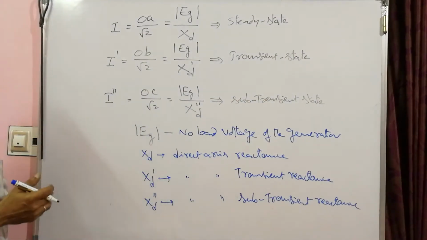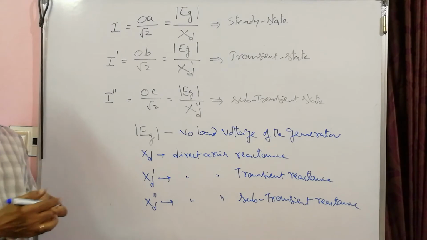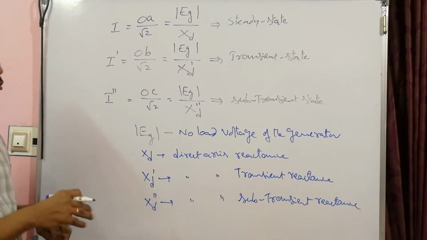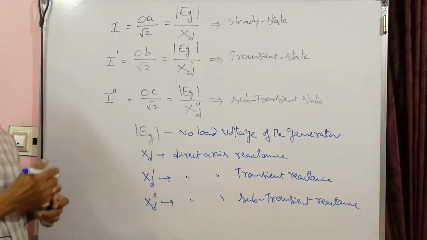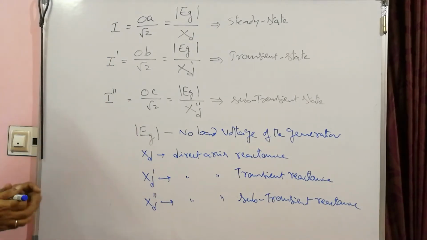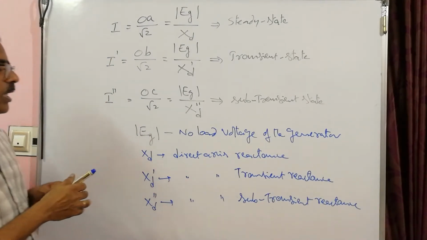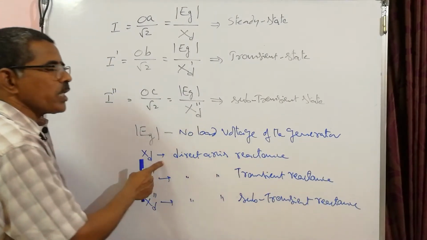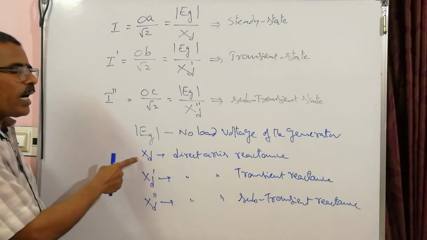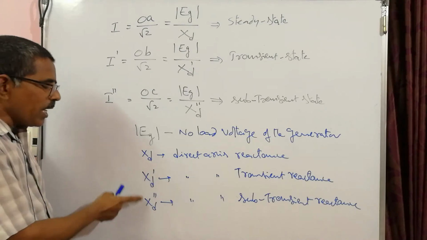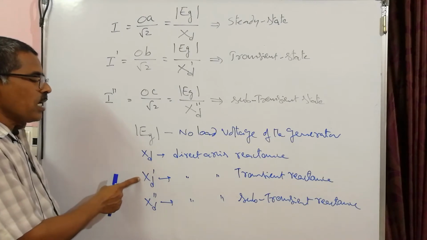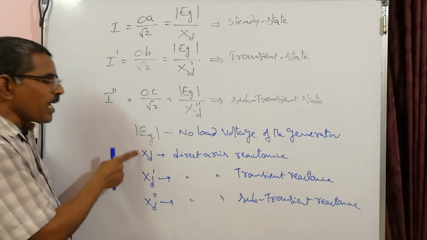So the machine offers three different reactances during these three periods. Because of that you are getting three different currents, which means it is very clear that the direct axis reactance offered by the machine is much higher than the other two, and XD dash is smaller than XD.